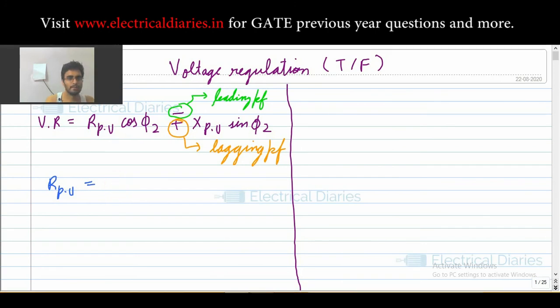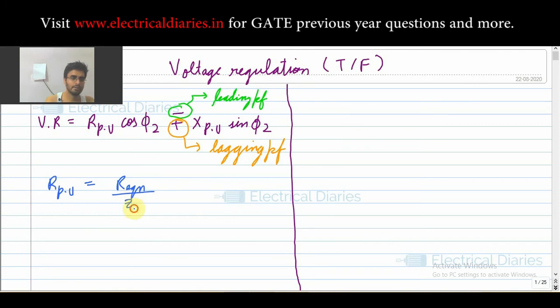R equivalent by Z base. Okay, and your R equivalent divided by Z base will be V base by I base. V base and I base are defined for the transformer.